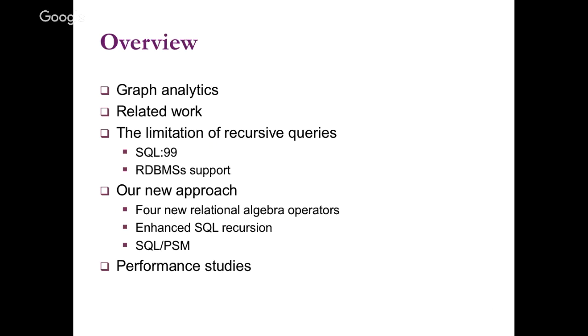And I will propose our solution with 4 new relational algebra operations added, followed by our enhanced recursive query and its implementation. Finally, I'll introduce our performance study with a summary of our key points.